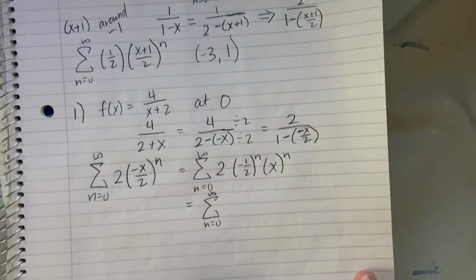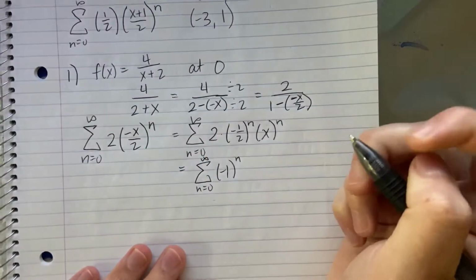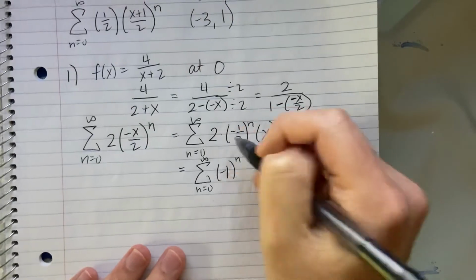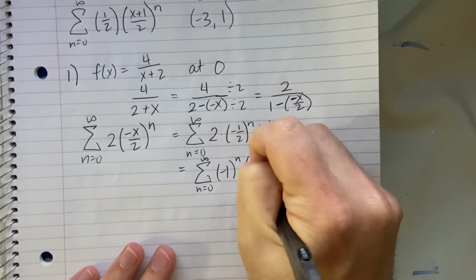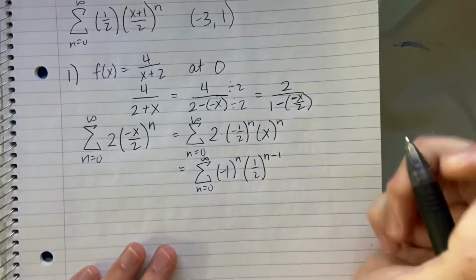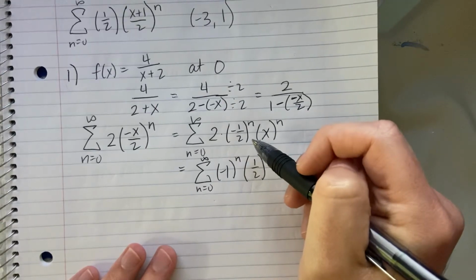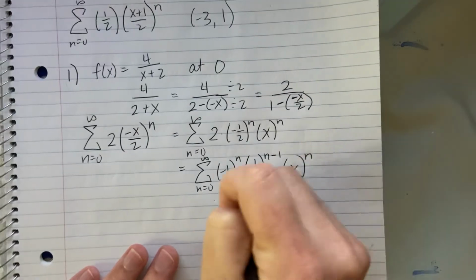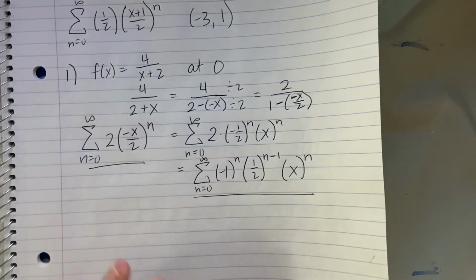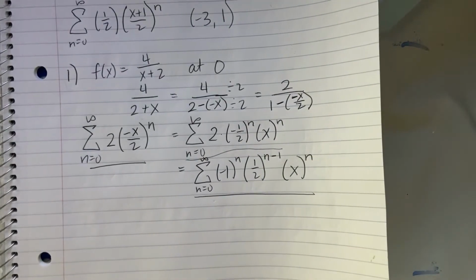If you do this, you could even arguably separate the -1 to the n out by itself. So this 2 is going to reduce the number of 2's. So it'll become 1/2 to the n minus 1, because 2 divided by 2 to the n becomes 1 over 2 to the n minus 1. But any of these are all the same thing. So it's really up to you on how you want to do it. Maybe this one was the easiest to understand what's happening each term.